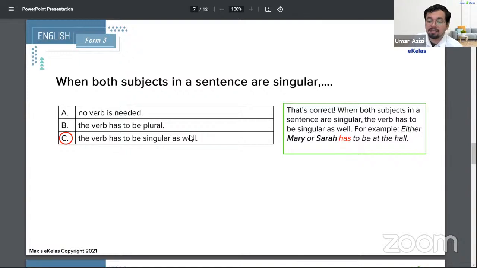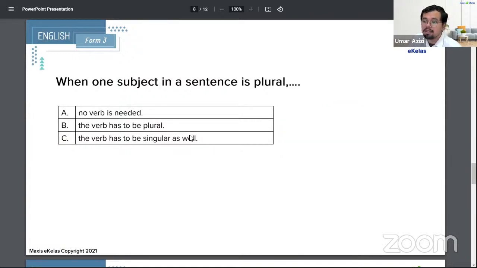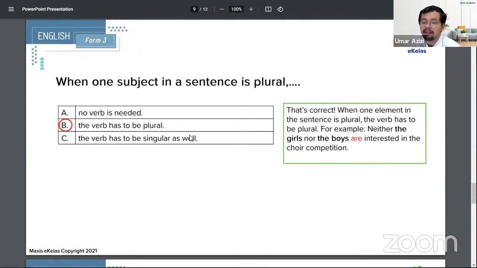So Mary or Sarah has to be at the hall. But let's say Mary or her family, so Mary or Sarah's family, then the verb has to be plural. Only if one thing is plural, do you want an apple or oranges for today's evening? You have to use the plural verb, even if only one thing is plural.